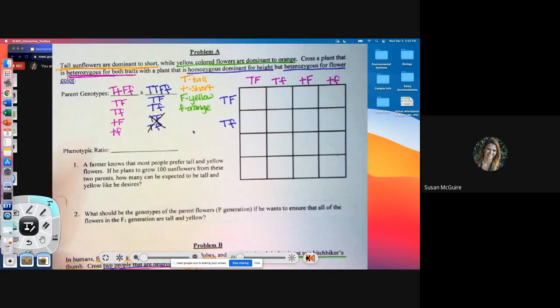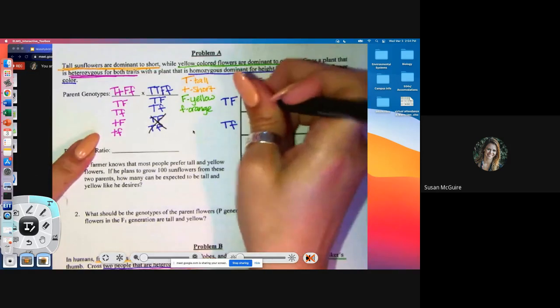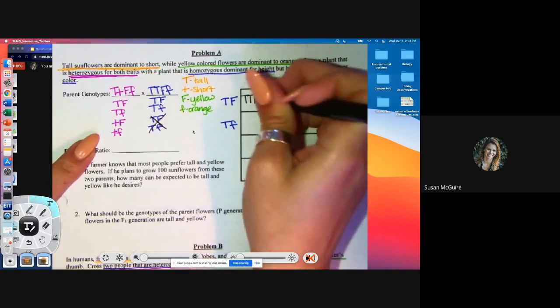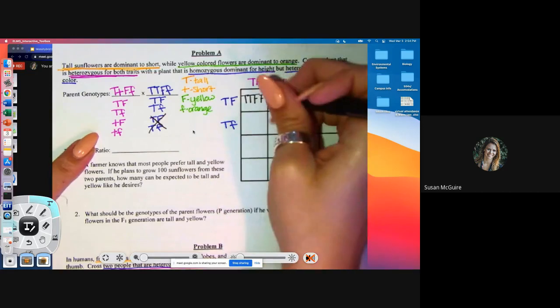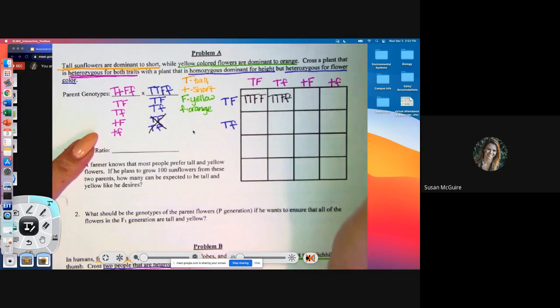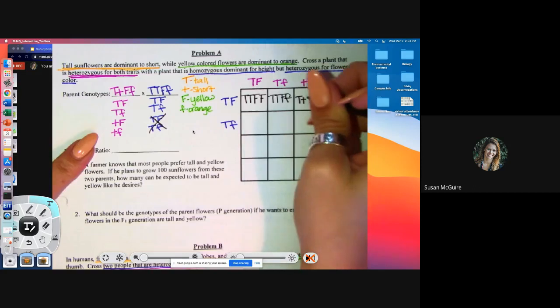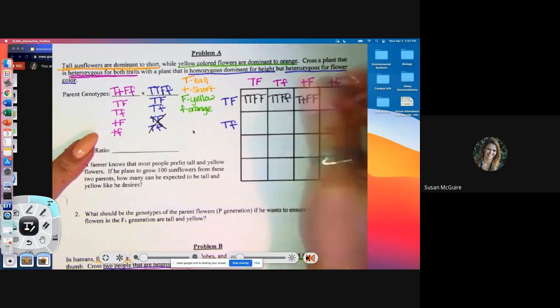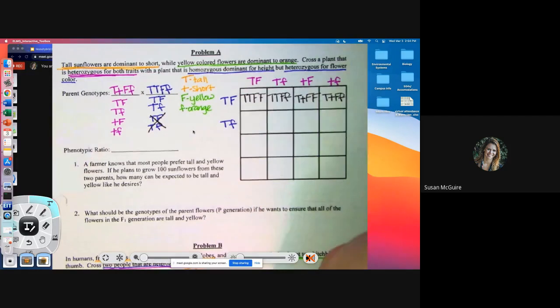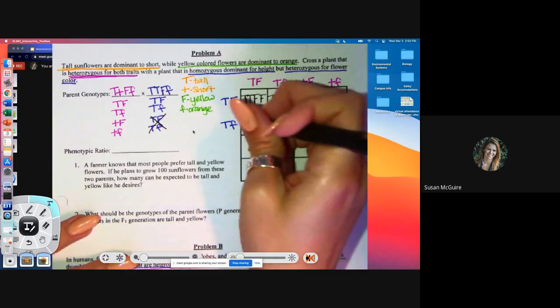So when we cross these two for this box, so big T, big F, big F. These two, we get big T, big F, little f. These two, big T, little t, big F, big F. And then big T, big F, little f. And in the second row, we have big T, big F, little f.